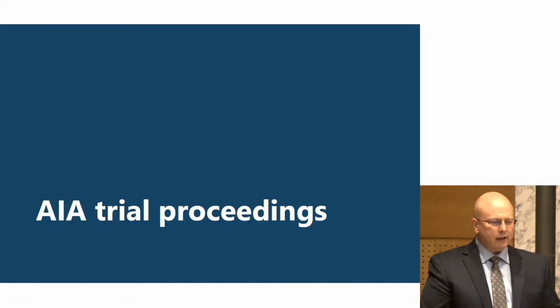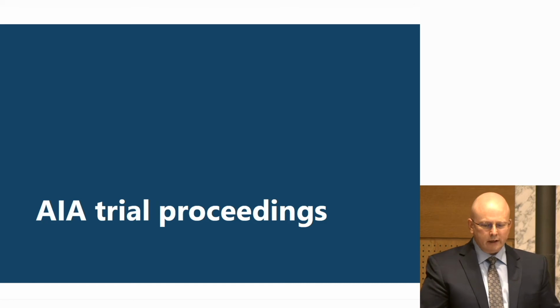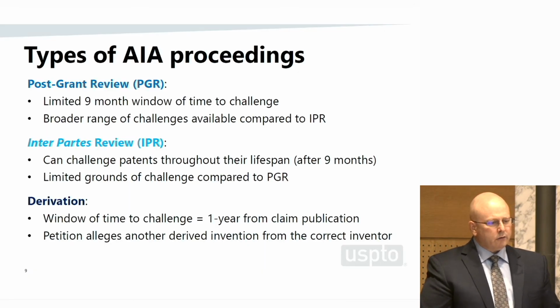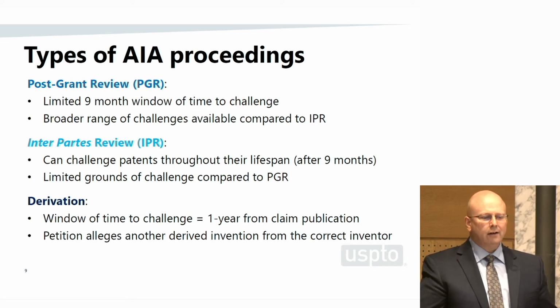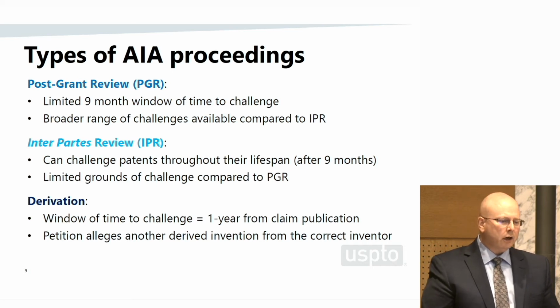Now we'll talk about the AIA trial proceedings or post-grant proceedings. There right now are, well, really two main types. There's three active types of AIA proceedings that one can initiate. The first is post-grant review, or PGR. That one has a limited window of time.